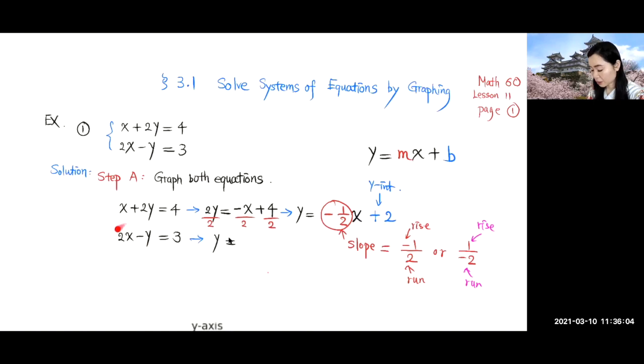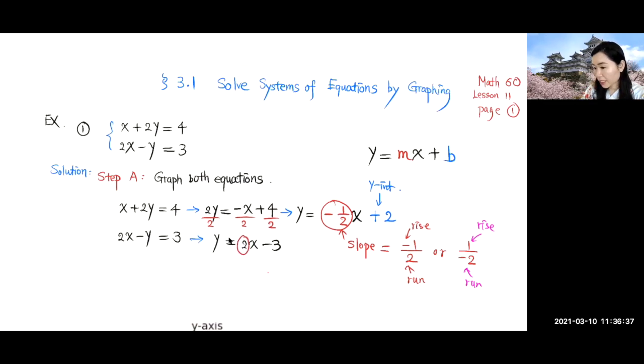Similarly, we're going to isolate the y for the second equation. I can move this negative y over to the other side and it becomes positive y, and then I move this 3 over to this side and it becomes negative 3. So I have y equal to 2x minus 3.